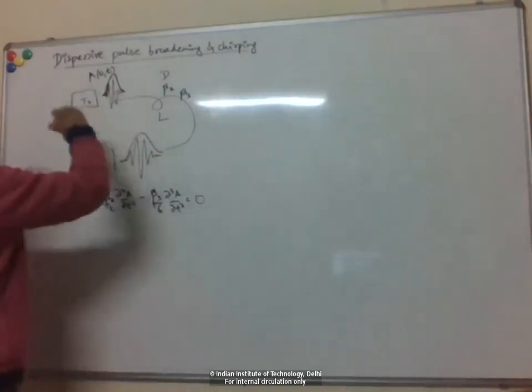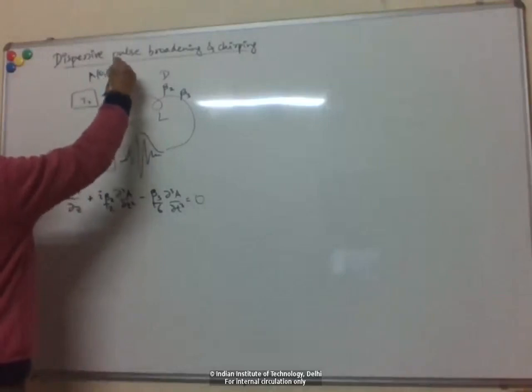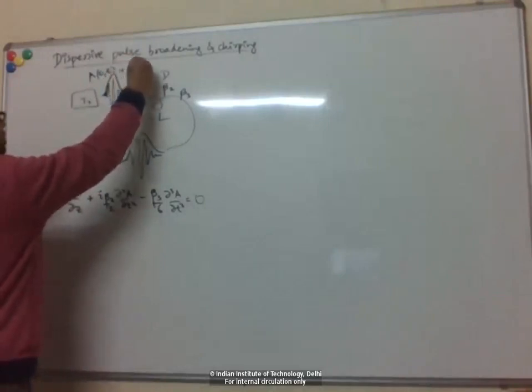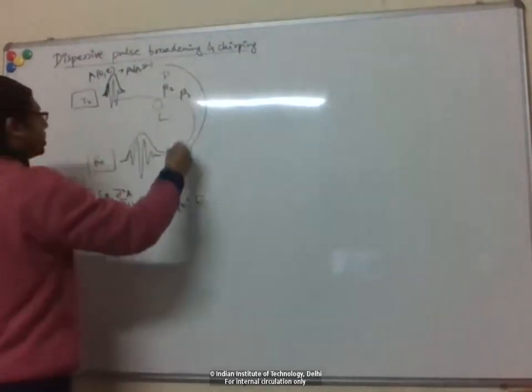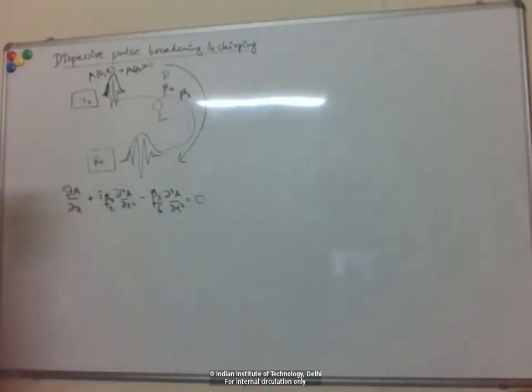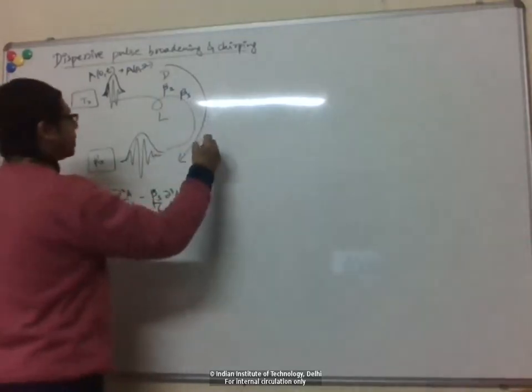So what we do is we first calculate the spectrum here, right? And then basically this fiber, what it's doing, we saw the dispersion can just be treated as a phase shift in the frequency domain, right?